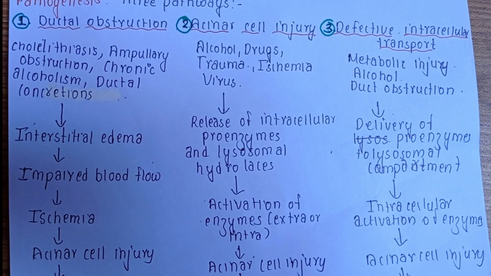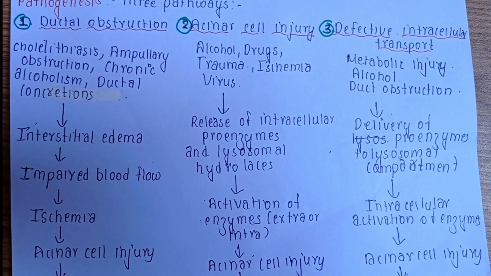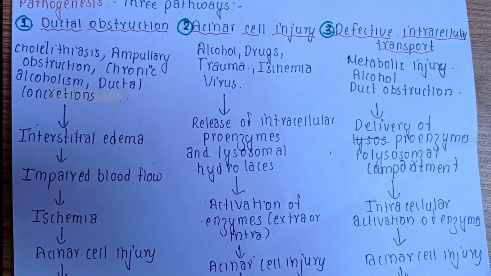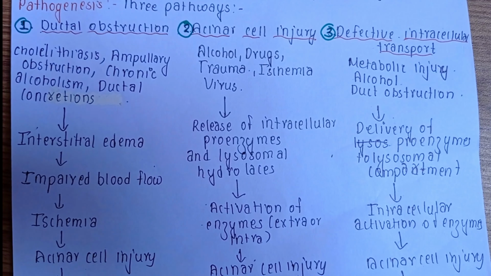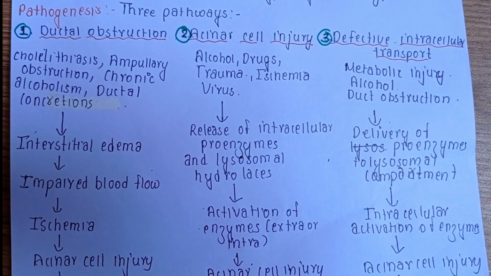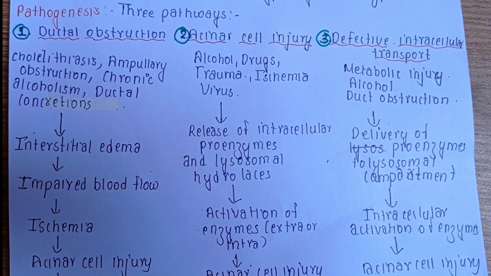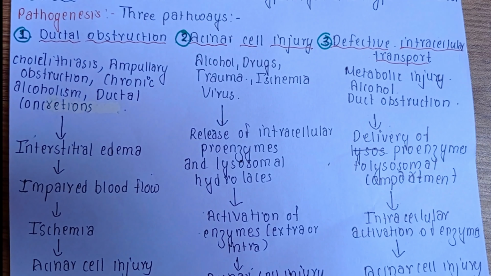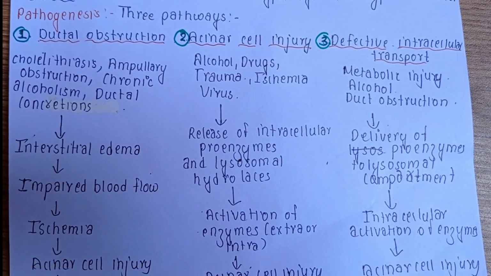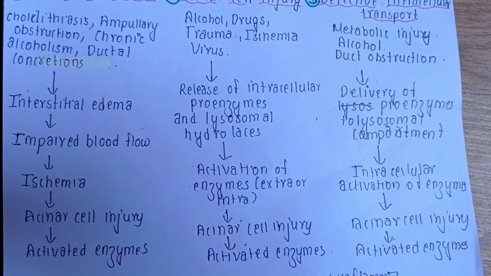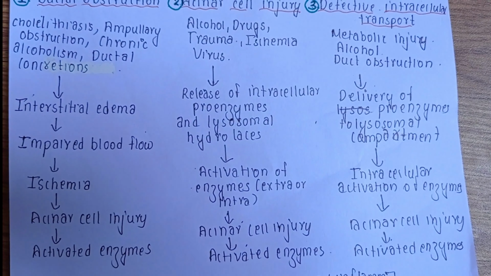Due to this obstruction, there is interstitial edema. As we already know, edema leads to impaired blood flow and it leads to ischemia. When there is ischemia, there is injury of the acinar cells and it activates enzymes.